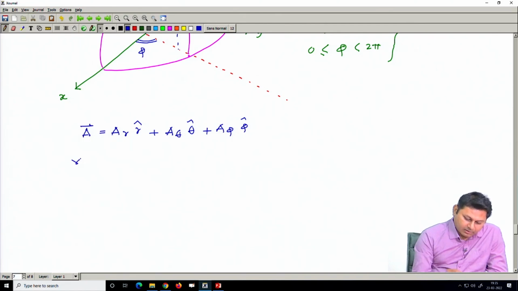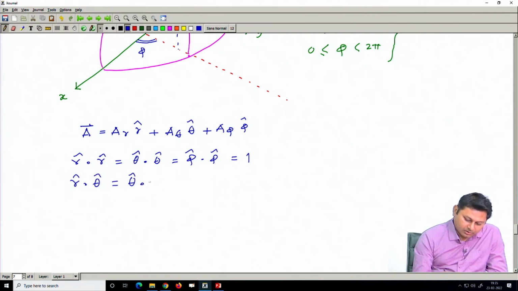And r dot r equals theta dot theta equals phi dot phi, equal to 1. r dot theta, theta dot phi, phi dot r, these are 0.